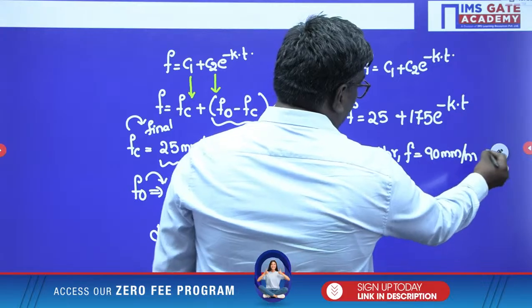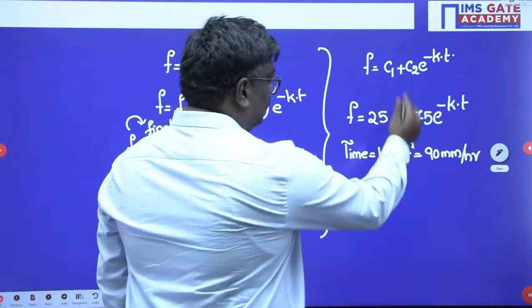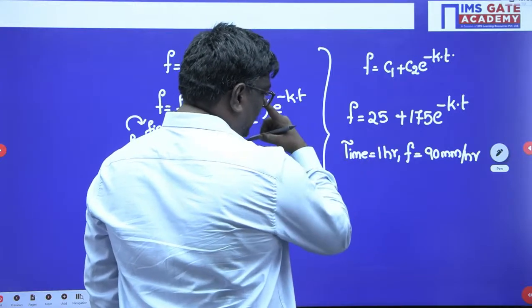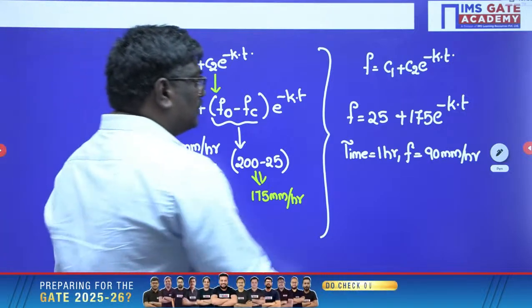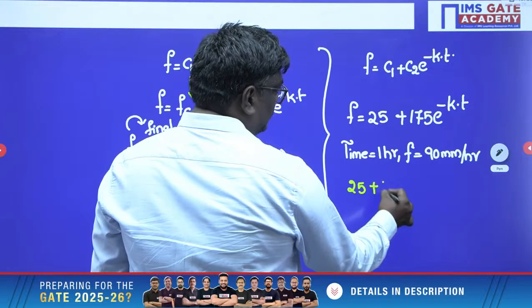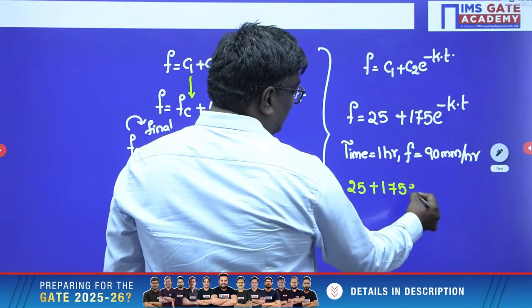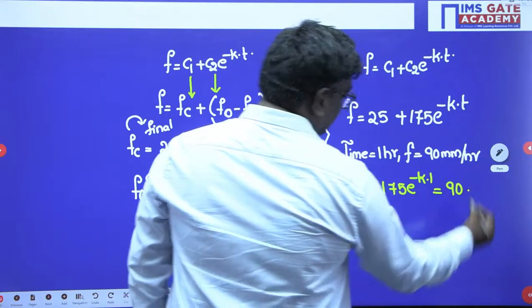So my dear students, if I plug in the values, 0 to 1 means directly we can do, sir, because the other one is 0. Are you getting what I am trying to say? So here it is 25 plus 175 into e power minus K into 1 is equal to 90.